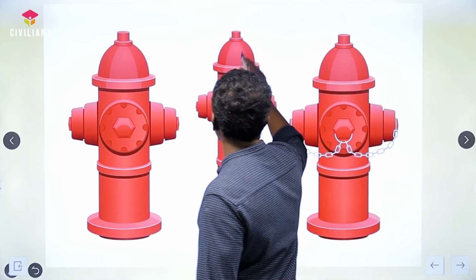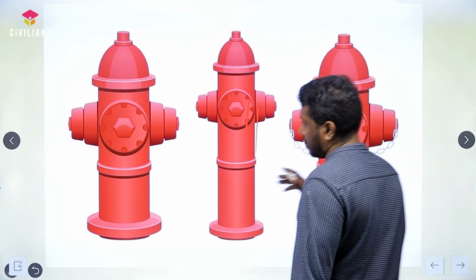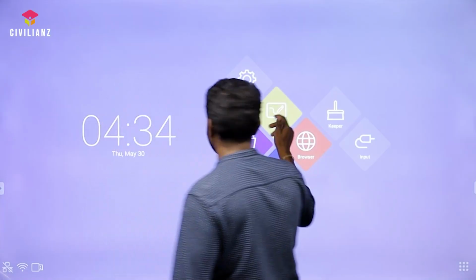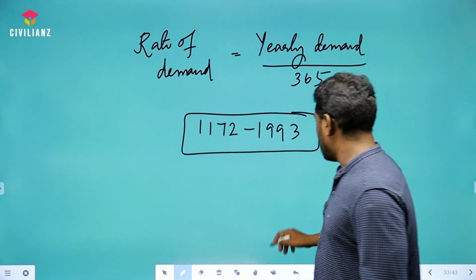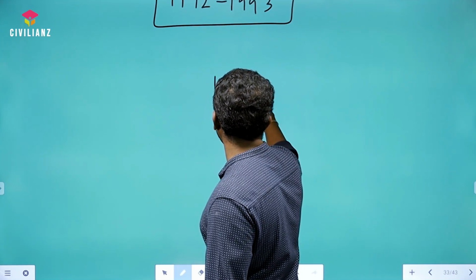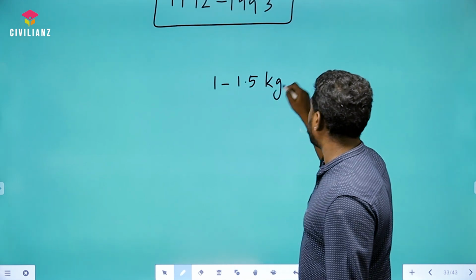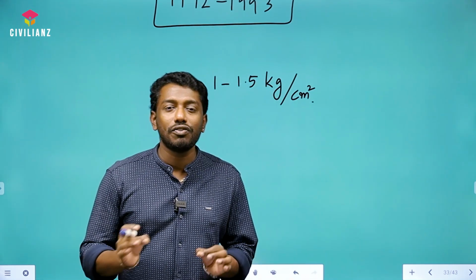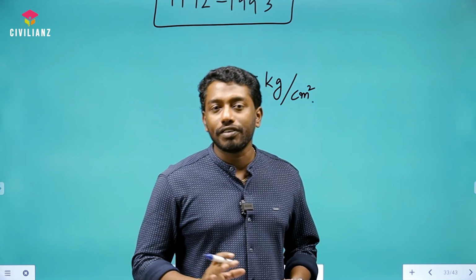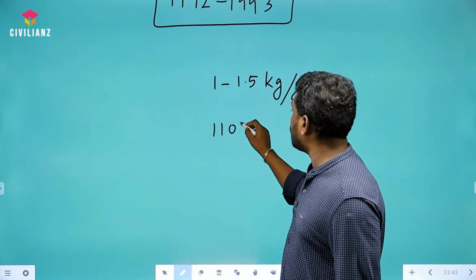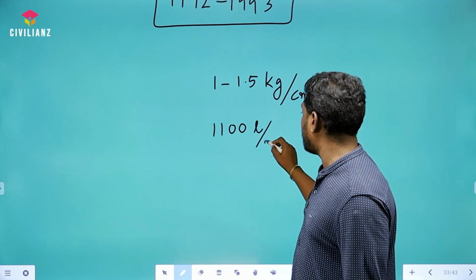And there is a particular pressure we have to get from this fire hydrant. We need high pressure water jets, no? So pressure required from a fire hydrant is in the range of 1 to 1.5 kilogram per centimeter square at a rate of about 1100 liters per minute.